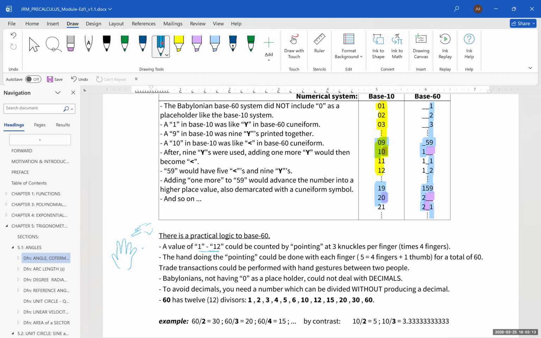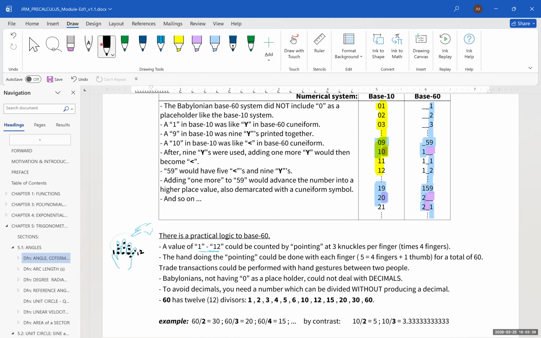Something like that. You could use your thumb, and you could point to each of the 3 knuckles on each finger. So you could do 1, 2, 3, 4, 5, 6, 7, 8, 9, 10, 11, 12. So here's knuckle 1, and there's knuckle 12.